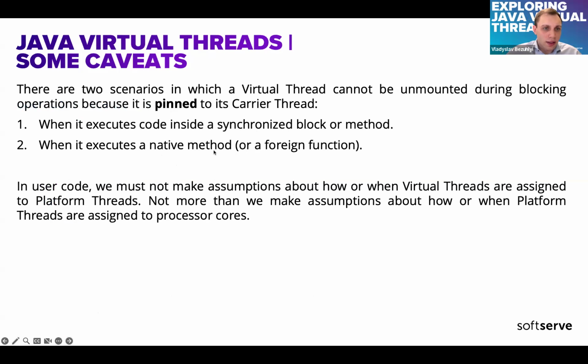When a native method is being executed, there can be the same situation, because they wanted to restrict any manipulations with the thread stack using native C++ code, for example. So in user code, we also must not make assumptions about how or when virtual threads are assigned to platform threads, at least not more than we make assumptions about how often platform threads are assigned to processor cores.